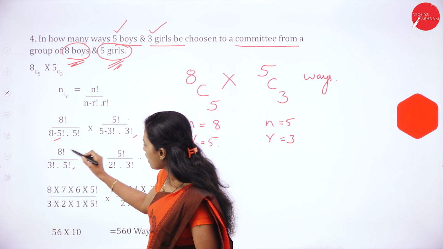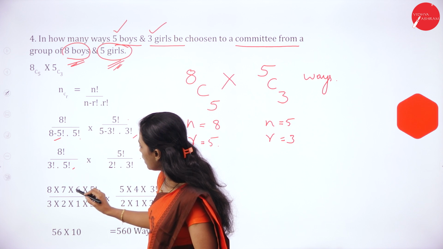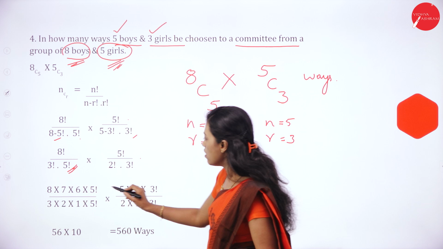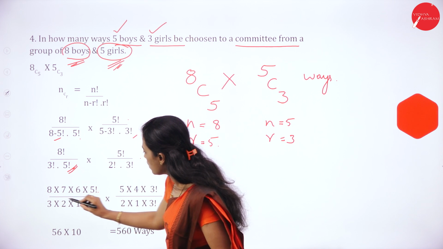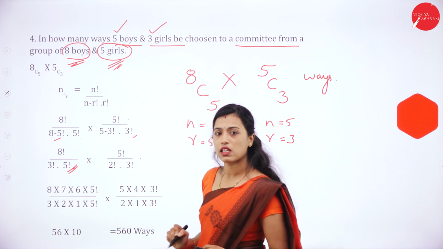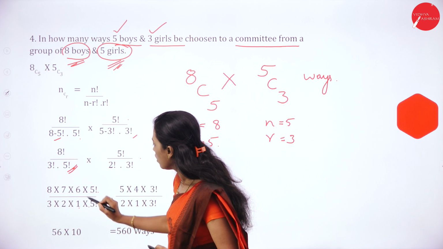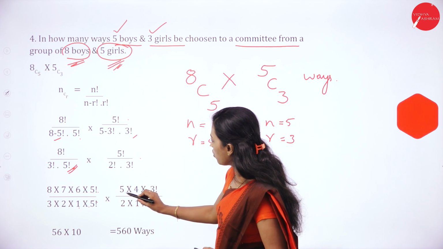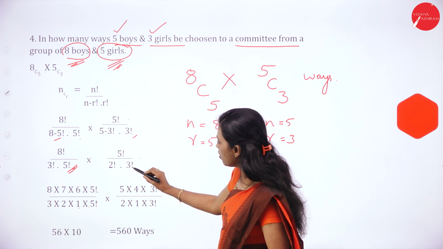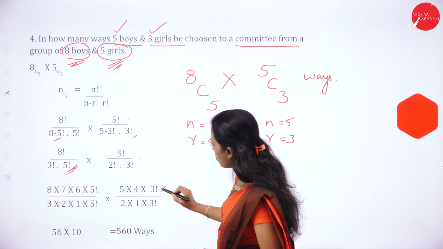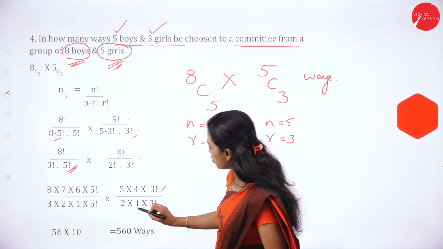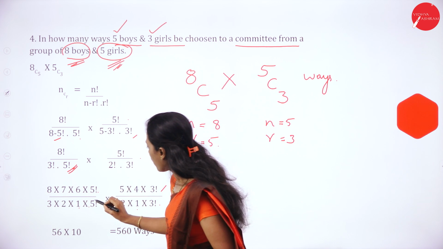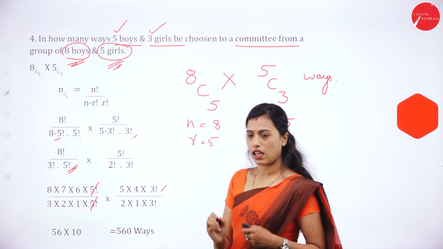So 8 factorial is 8 into 7 into 6 into 5 factorial. In the numerator we have 5 factorial. So 5 factorial divided by 3 factorial means 3 into 2 into 1 into 5 factorial, then into 5 factorial means 5 into 4 into 3 factorial, divided by 2 factorial means 2 into 1 into 3 factorial. Now 5 factorial will get cancelled.